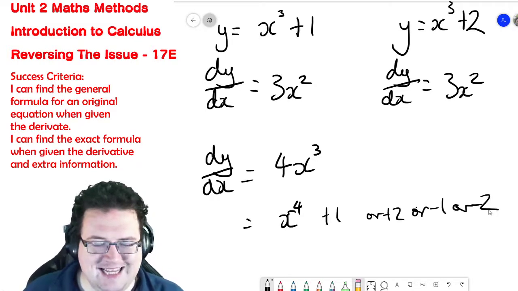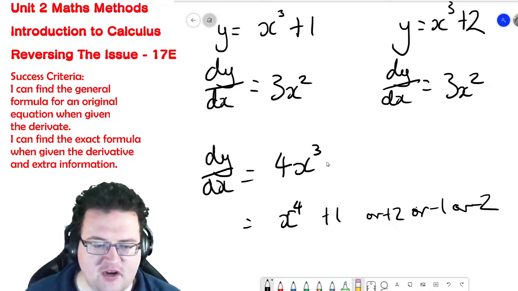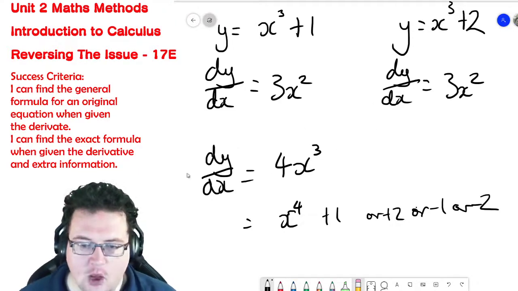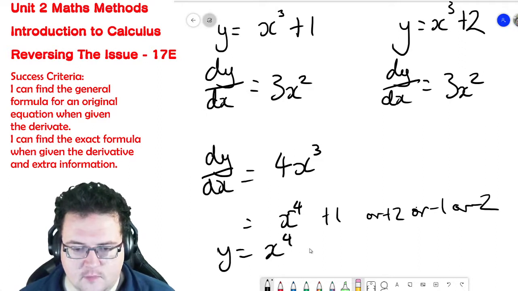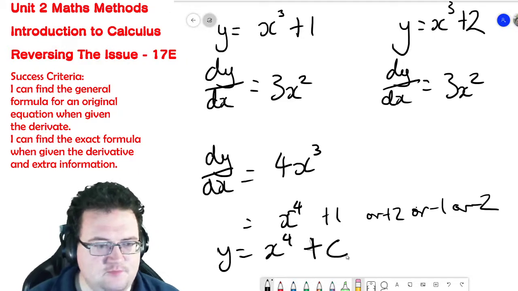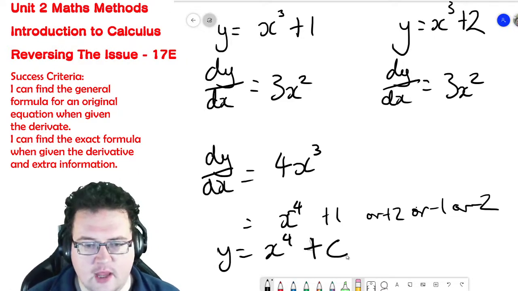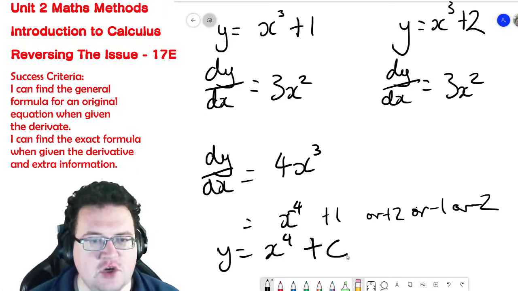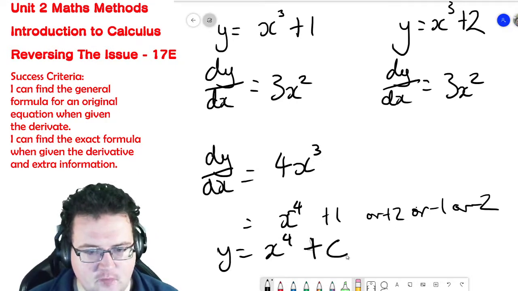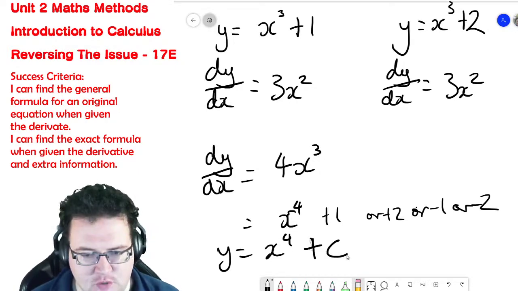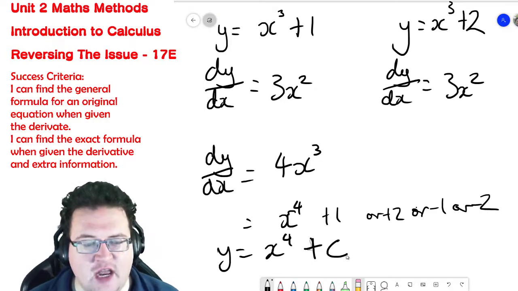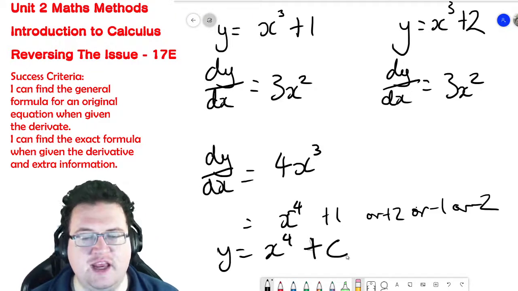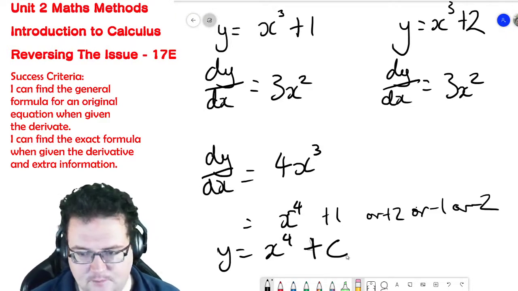So in this example, where we don't have enough information to keep going, what we say is plus c. All right, so plus a constant. Whenever you're doing anti-differentiation, always assume that there is a constant on the end until you are given enough information to then eliminate that constant at the end.